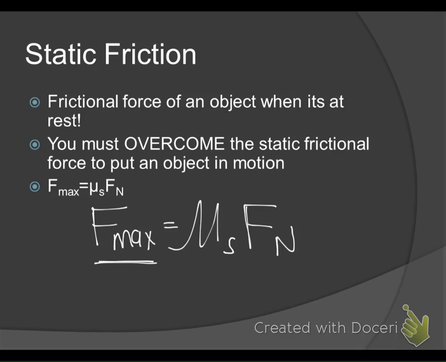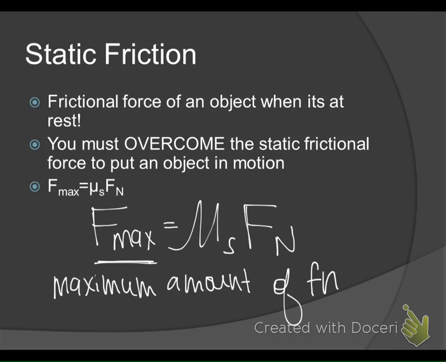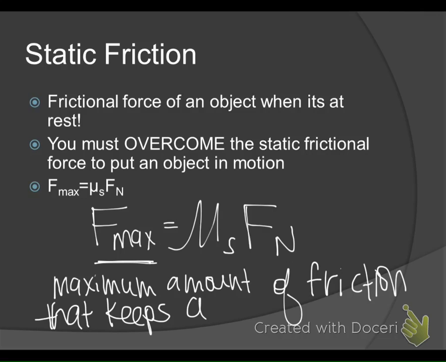Okay, and what force max here means is that it's the maximum amount of friction that keeps an object still, or that keeps an object from accelerating. Just going to abbreviate accelerate, okay? So that's the maximum amount of friction that will keep an object from accelerating or from moving at all.